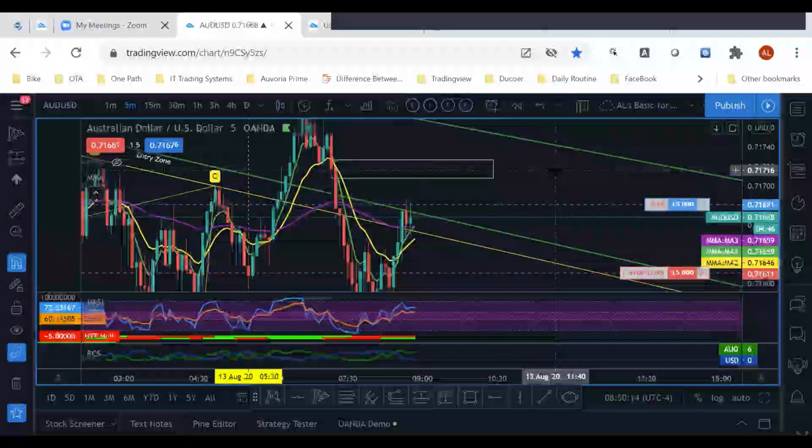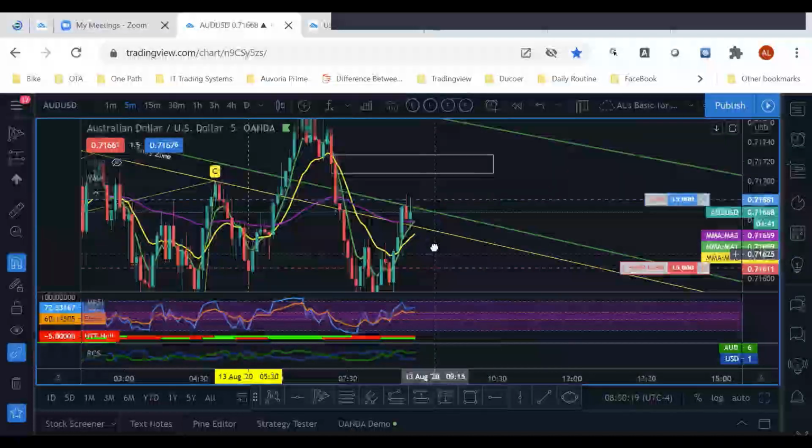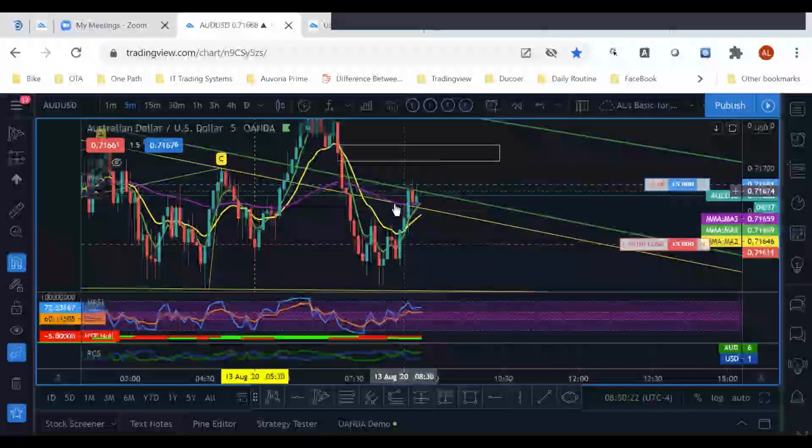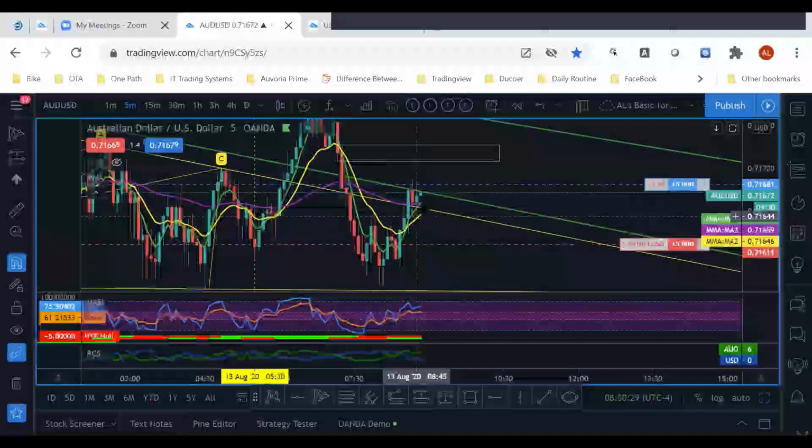The 13 helps keep us out of being as whipsawed as if we managed on the first. Once you get into the trade, if all the moving averages stay in the right direction, then I use the 13, which is the yellow one. I use that pretty much like a trend line.